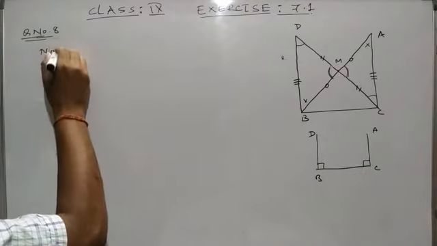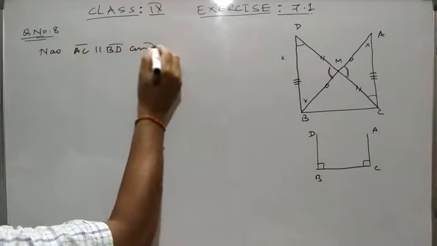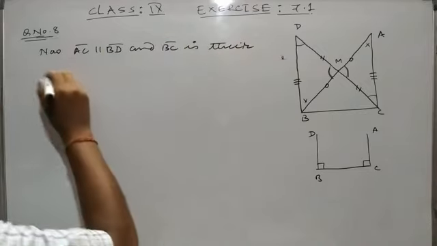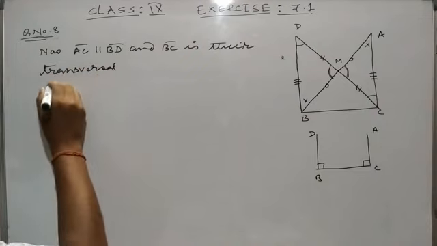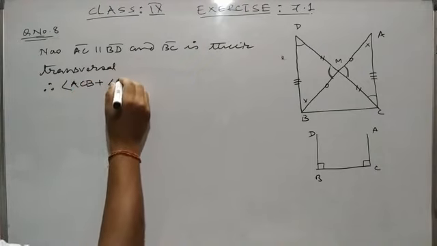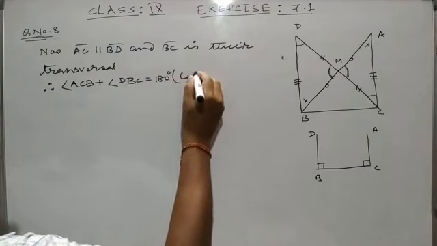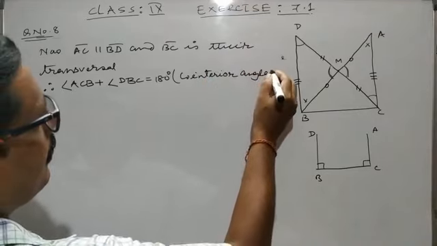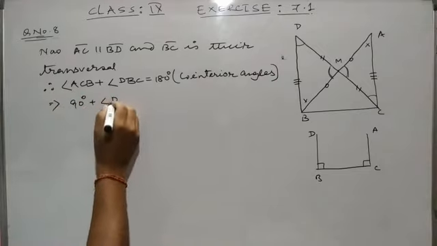Now AC parallel to BD and BC is their transversal. Therefore angle ACB plus angle DBC equal to 180 degrees, co-interior angles.